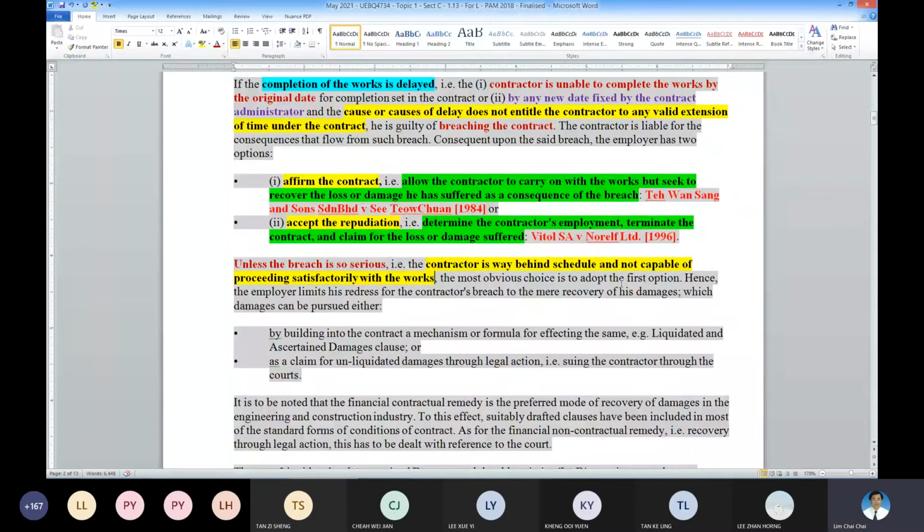Unless the breach is so serious, sorry, that means if it is not so serious, then number 1. If it's serious, it will be number 2. So if it's not a serious one, the employer will have the first option.